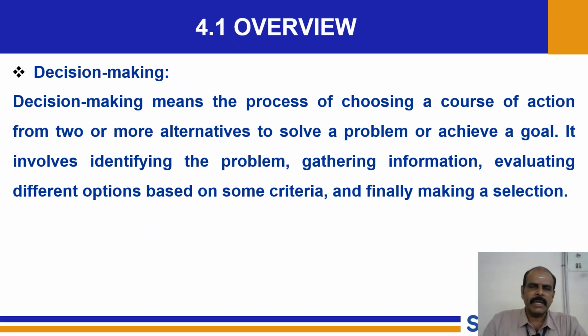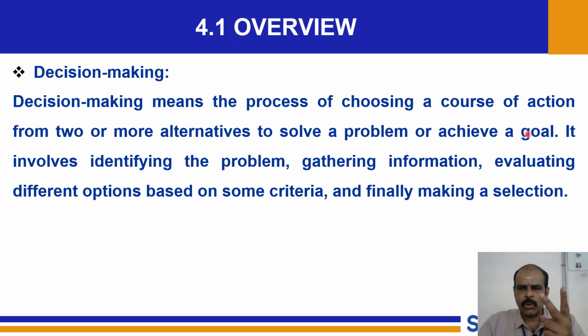Okay, so with this understanding, now we'll go to the process of decision making. Decision making means the process of choosing a course of action from two or more alternatives to solve a problem or achieve a goal. So first we'll understand in a very clear-cut way, what is decision making? Decision making is a process of choosing a course of action, which one should I go ahead with, from multiple options.